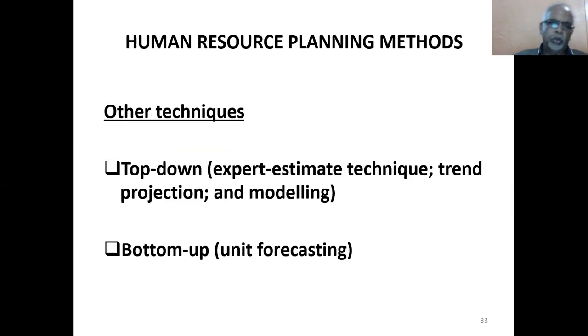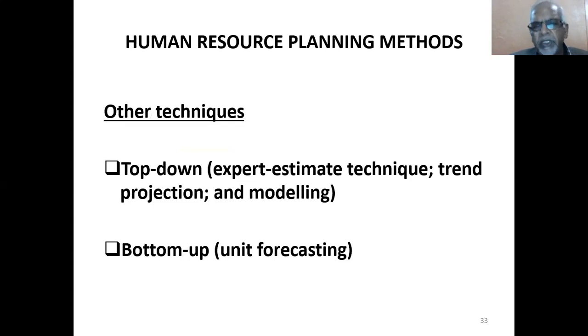That is, to adopt either a top-down approach, that is, the organization will make projections from the top, and this information is trickled down to the lower levels of the organization, and there is some kind of obtaining some feedback from the different levels of the organization.